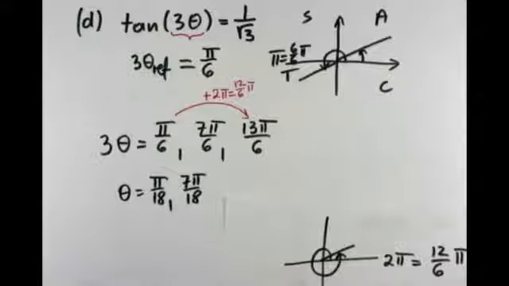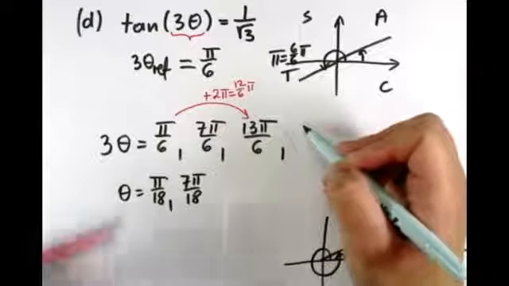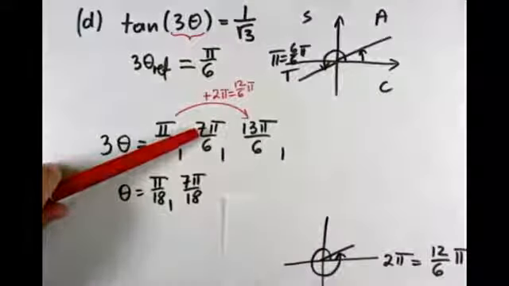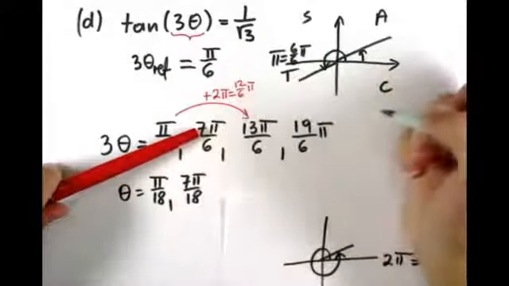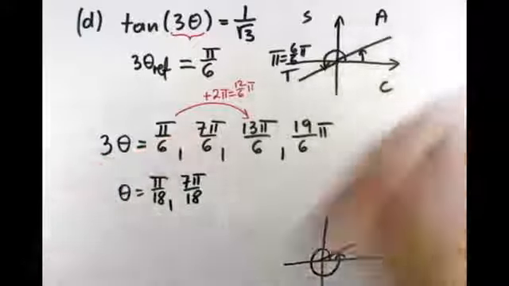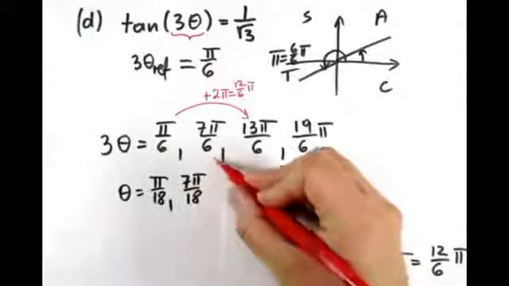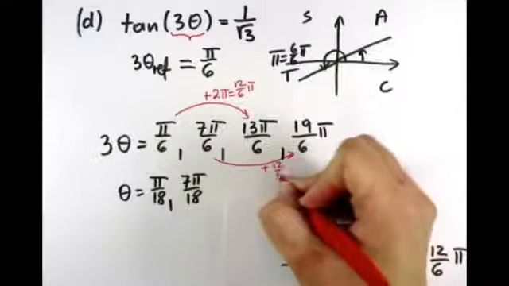And the same I'm doing for the next one. I'm adding 12, so 7 plus 12 is 19 pi over 6. I added the same plus 2 pi to the other one. This one is plus 12 over 6 pi.